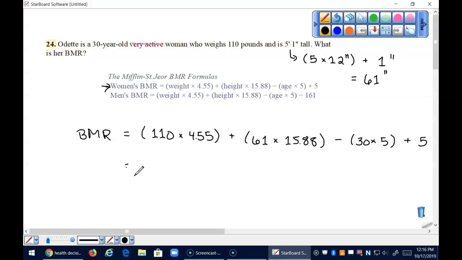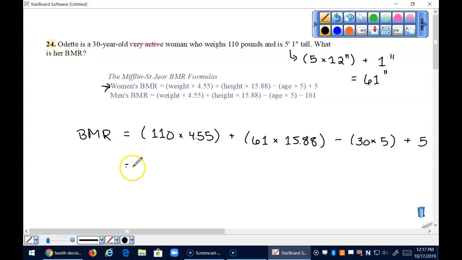They're only there to help my eyes understand that, yes, there's 3 different things happening for 3 different measurements. It kind of looks nicer that way. But when I'm typing it, I can be lazy and leave them out on the calculator. So 110 times 4.55 plus 61 times 15.88 minus 30 times 5 plus 5.